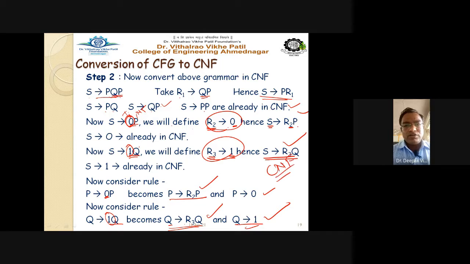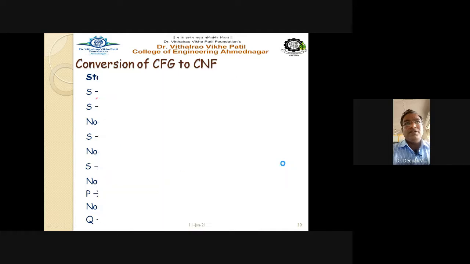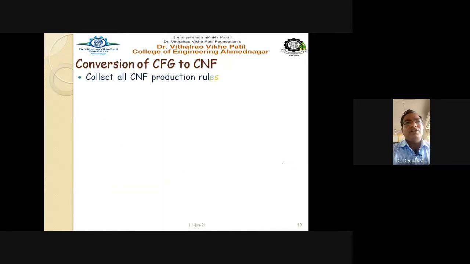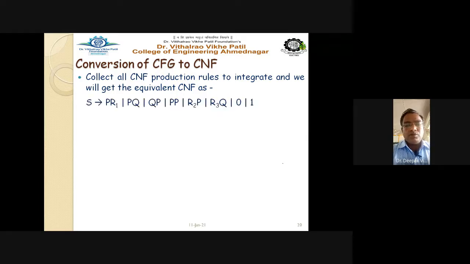So collect all these rules which we have formed here and write them in a single form. Here we collect all the CNF production rules and integrate them, and we get the equivalent normal form as S produces PR1, PQ, QP, PP, which are already in CNF.